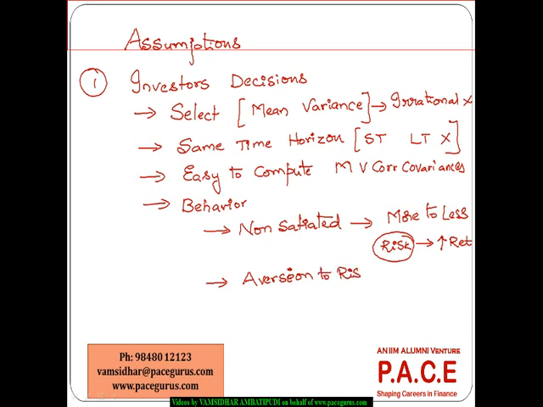The investors are risk averse, they don't like risk. So which means if I have a given level of return, they would always try to choose the portfolio which has the lowest possible variance or standard deviation, which is a measure of risk. So these two things are mandatory as a part of the decision taking behavior of the investor.